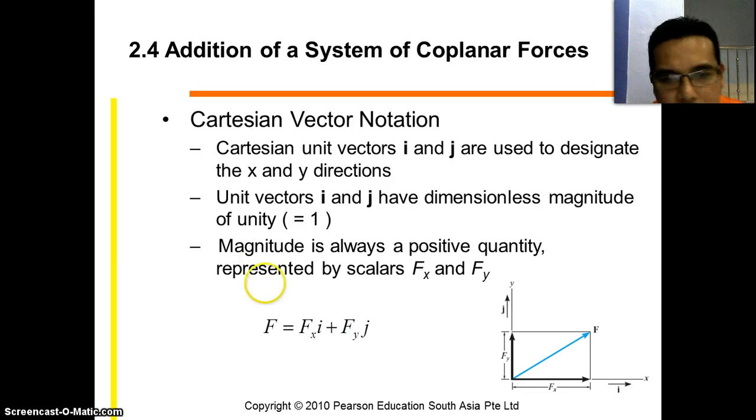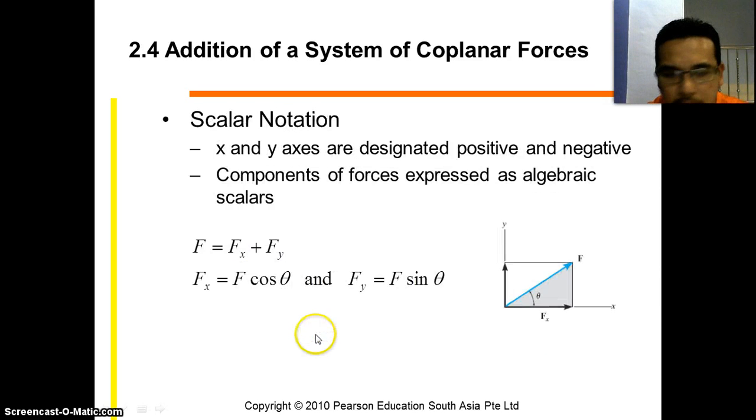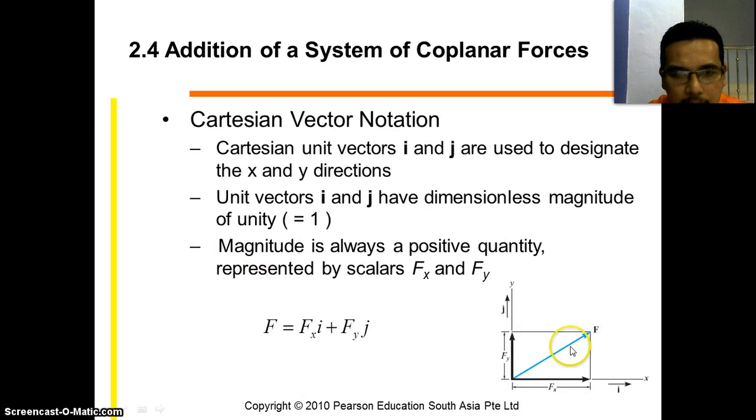We can express the forces in terms of Cartesian vector notation, whereby for the x direction the unit vector is i, and for the y direction the unit vector is j.